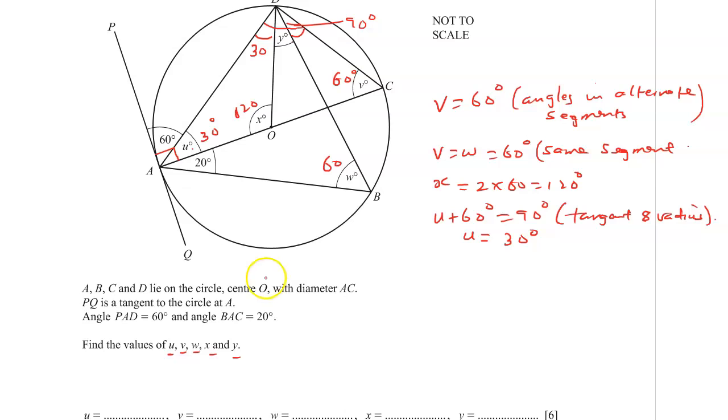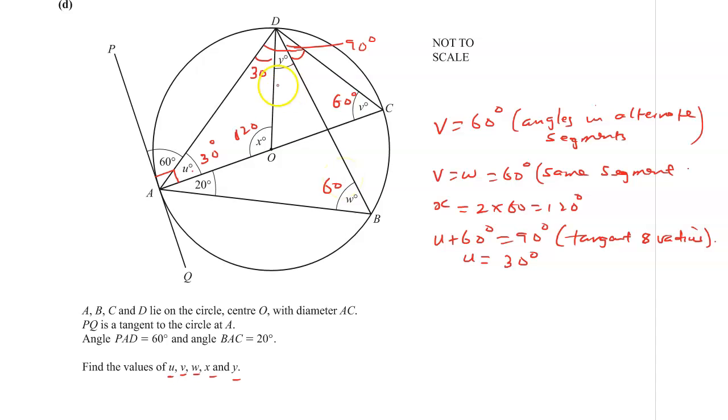We know that in triangle ADB, this is 50 and 30. So let's find angle ADB.